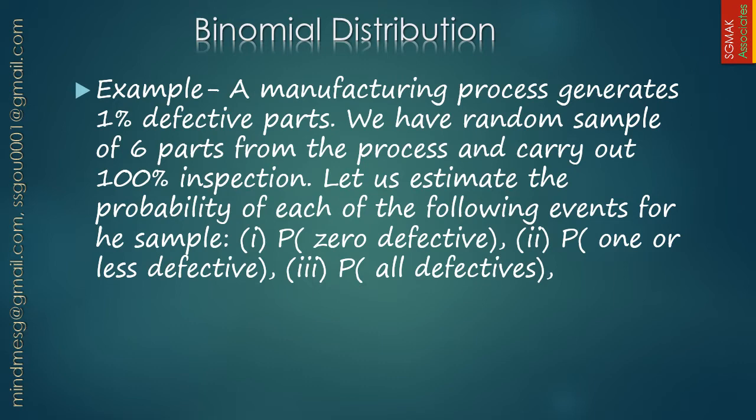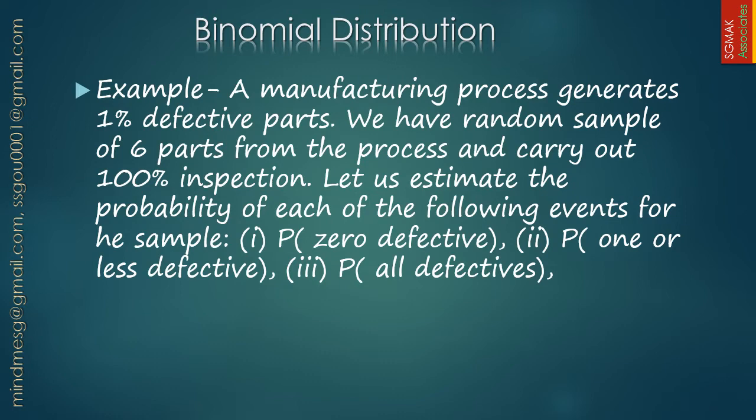So we want to estimate the probability of the following events for the sample. We get no defective in a sample of size 6, one or fewer defective, or we get all defectives. So once again, we have taken a random sample of 6 parts from a process that generates on average 1% defective.